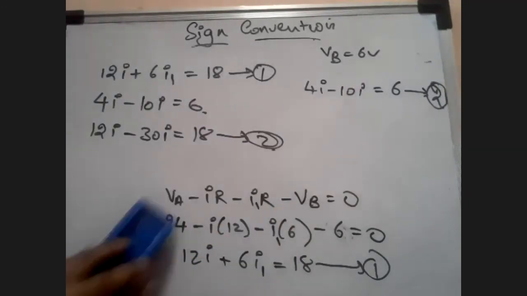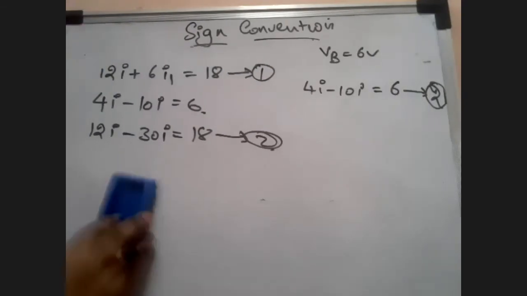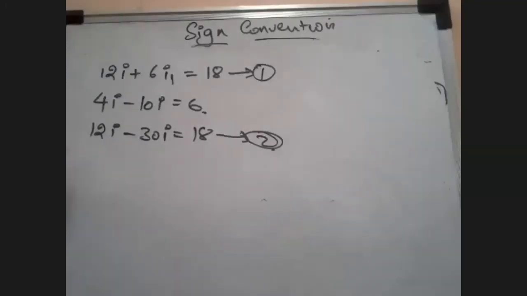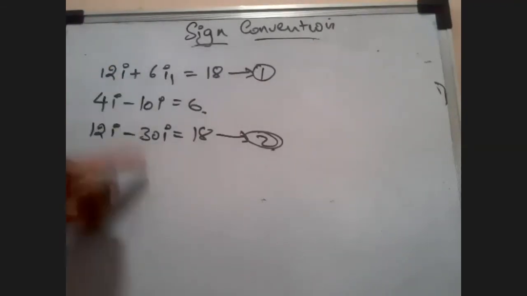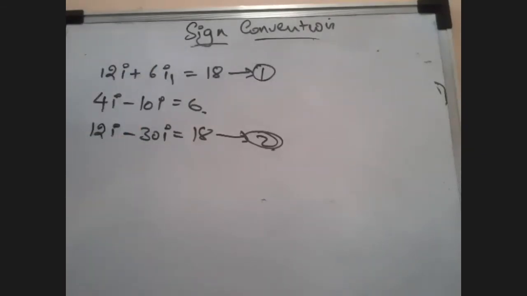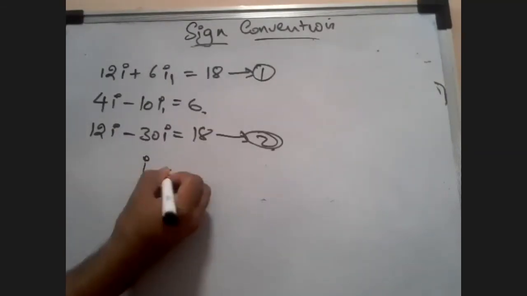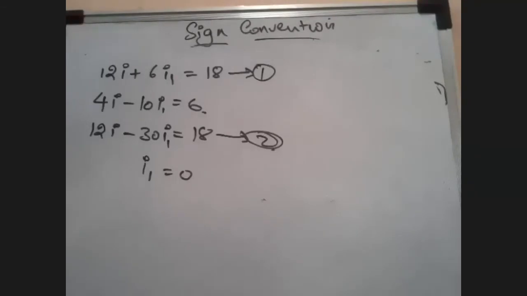If you add both these equations, the 12I and 12I will get cancelled. Yes or no? And you get 36I1 equal to 0, so I1 will be 0.